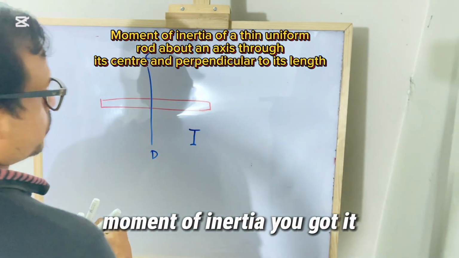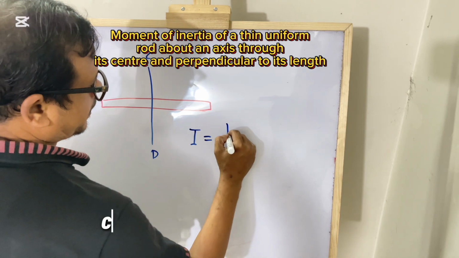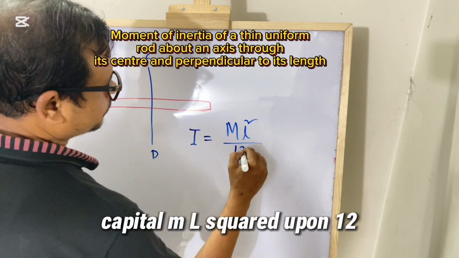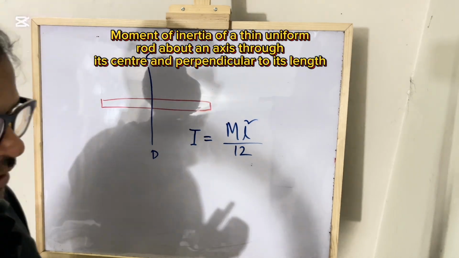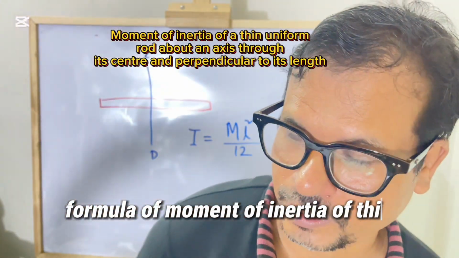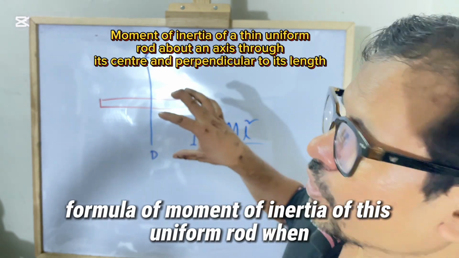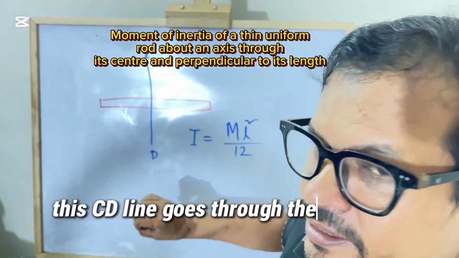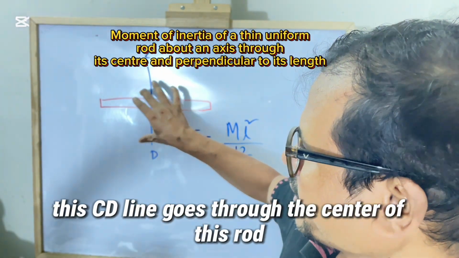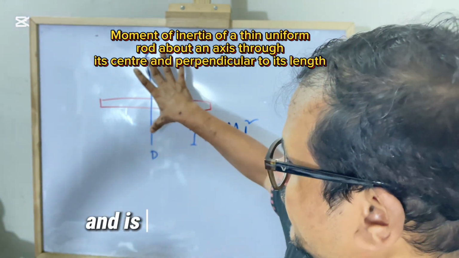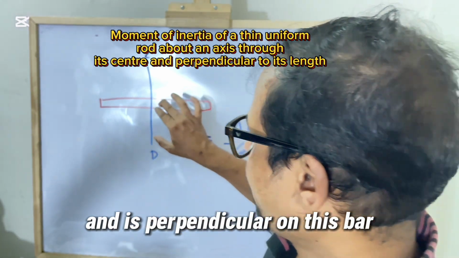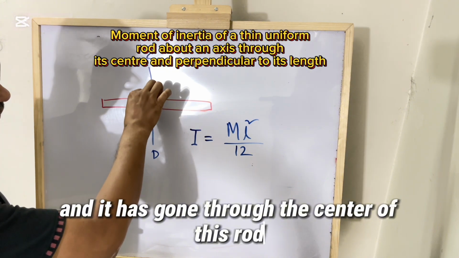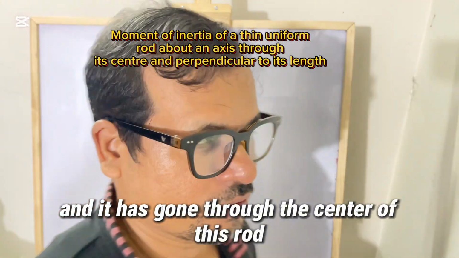Moment of inertia equals capital M L squared upon 12. This is the formula of the moment of inertia of this uniform rod, when this CD line goes through the center of the rod and is perpendicular to this bar.